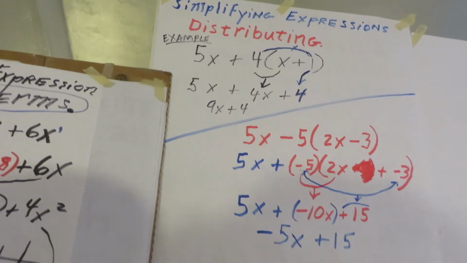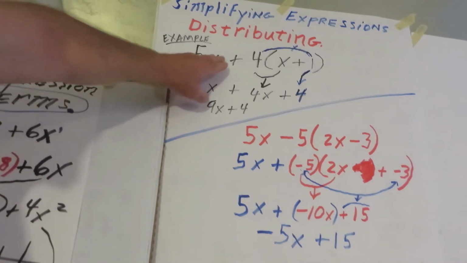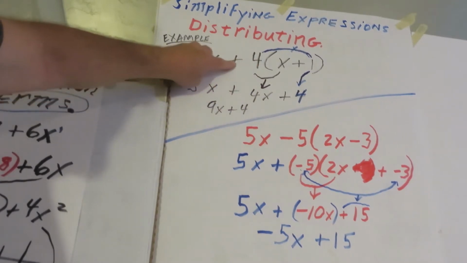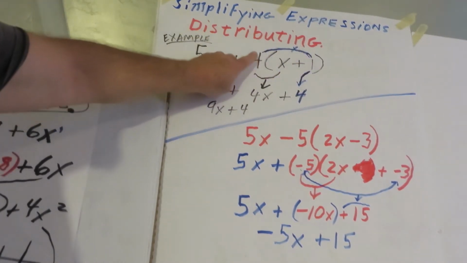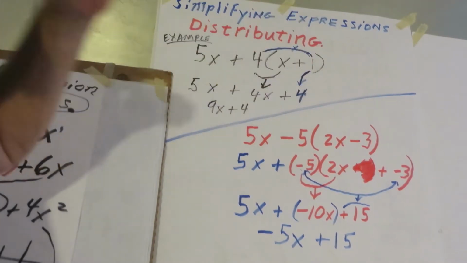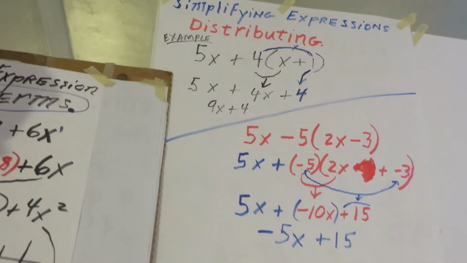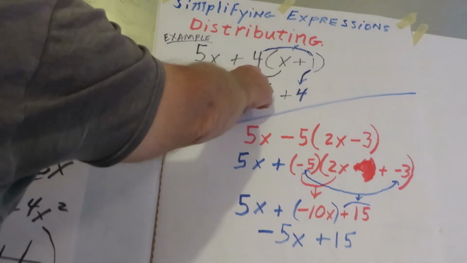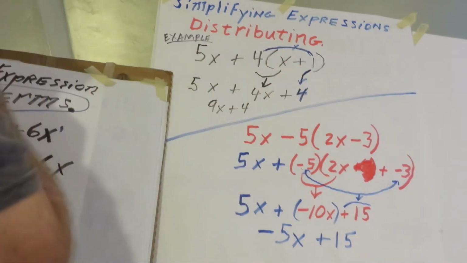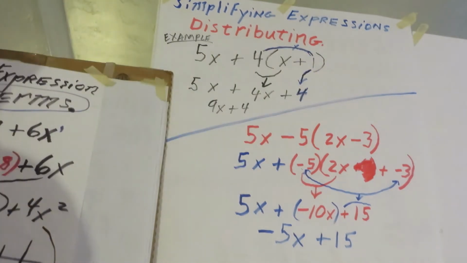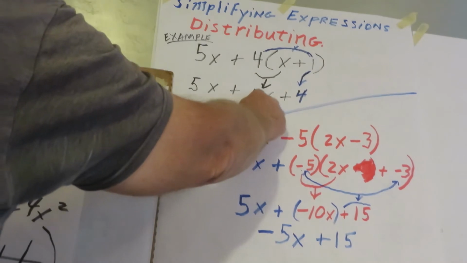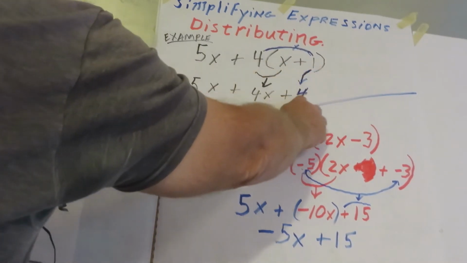To simplify terms, sometimes a term can be a multiplication. Like in this case, this is one term. It's 4 times x plus 1. And so in order to simplify this, we have to distribute the 4 and get rid of the parentheses. So what we do is we multiply the 4 times the x, and we multiply the 4 times the 1.